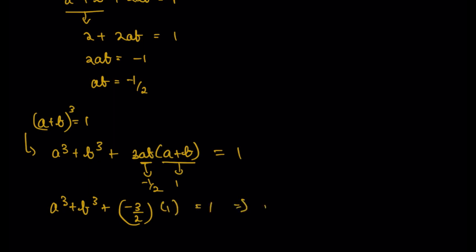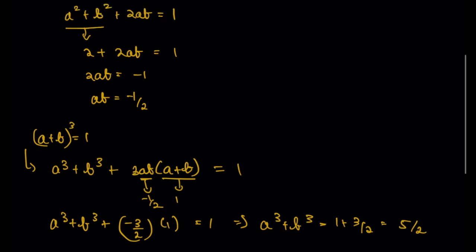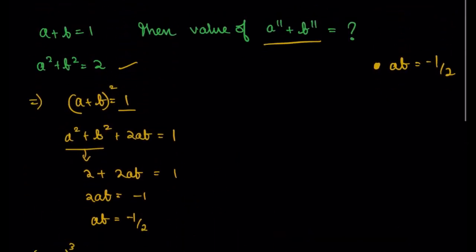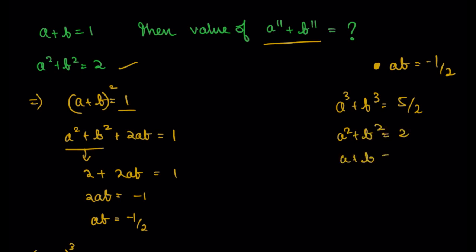This implies that a cube plus b cube equals 1 plus 3 by 2, which equals 5 by 2. Another value, I'm going to note it down here. a cube plus b cube is 5 by 2, guys. And a square plus b square is 2. a plus b is 1.